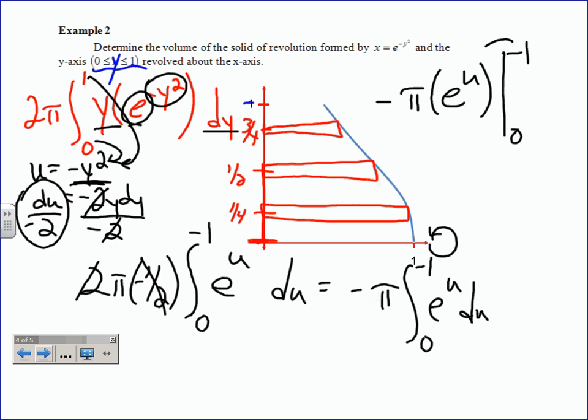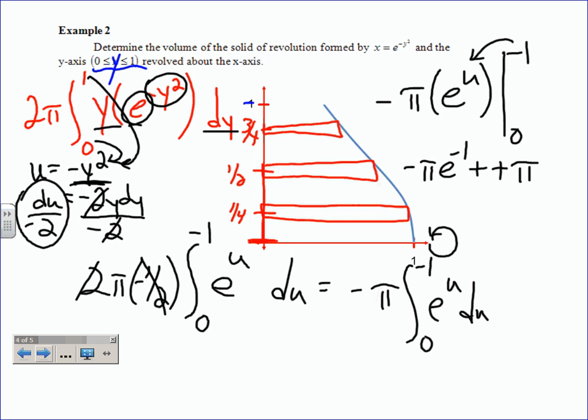So we put the negative 1 in, and we basically have negative pi times e to the negative 1 minus whatever I get when I put in 0. E to the 0 is? Okay, so e to the 0 is 1 times negative pi is negative pi, correct?